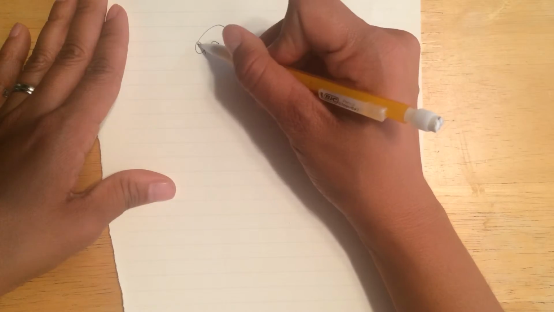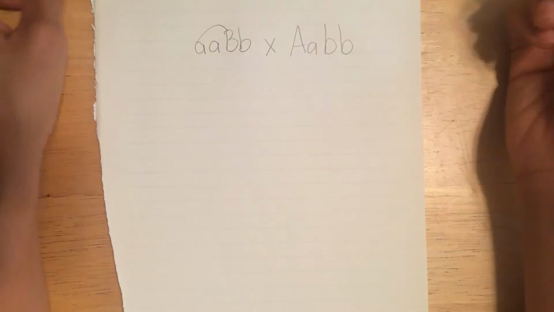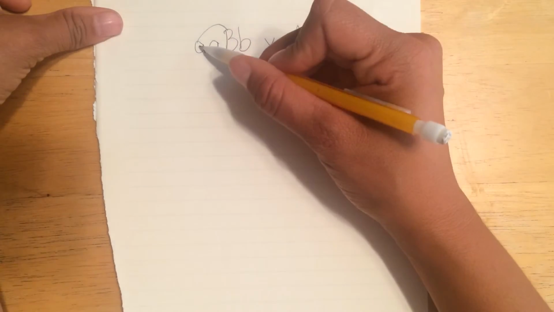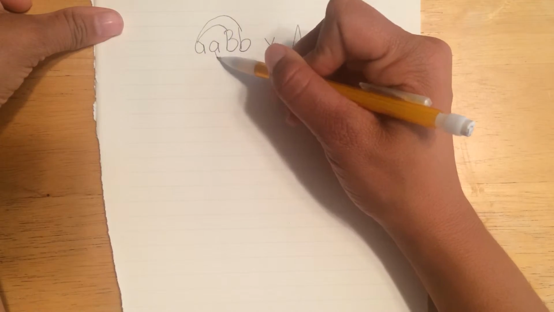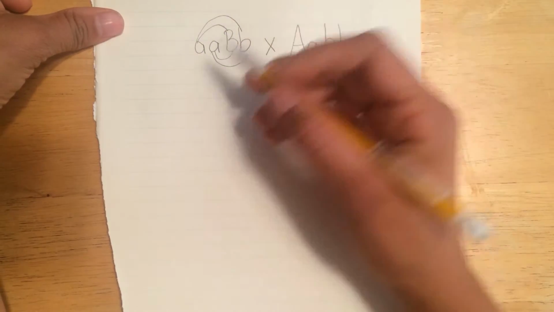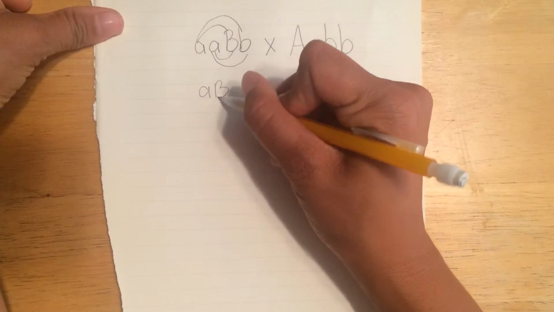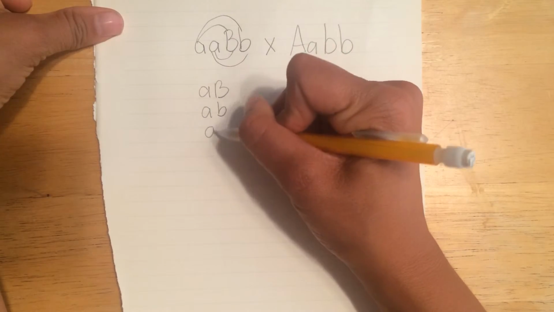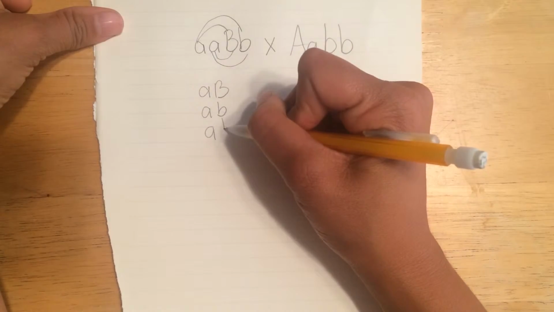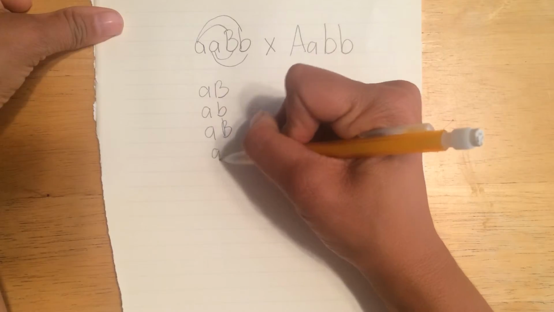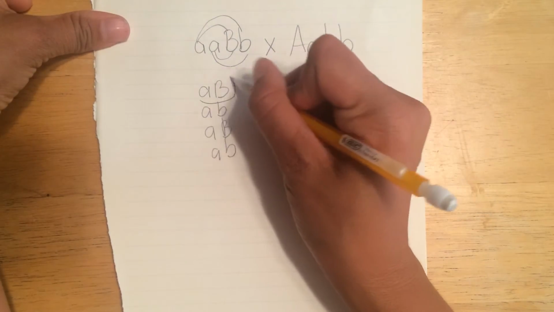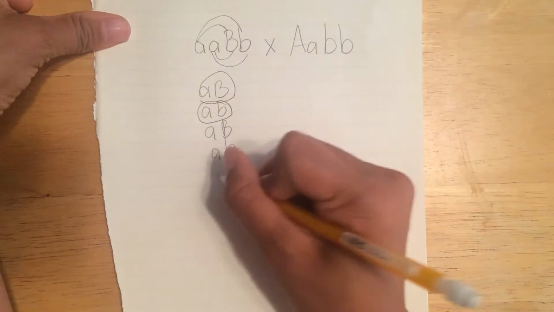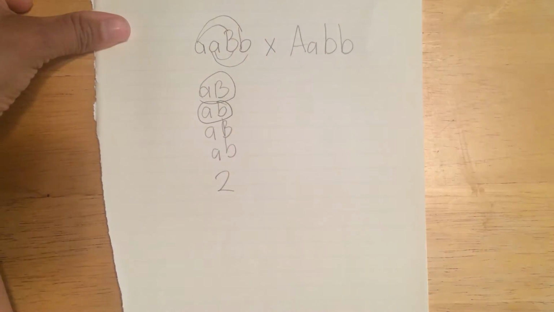First we want to figure out the different allele combinations. So little a big B, little a little b, little a big B, little a little b. And I notice that I only have 2 different allele combinations. So this is going to be a 2.